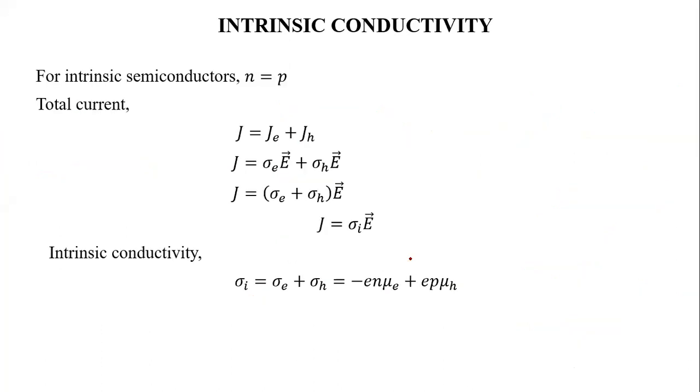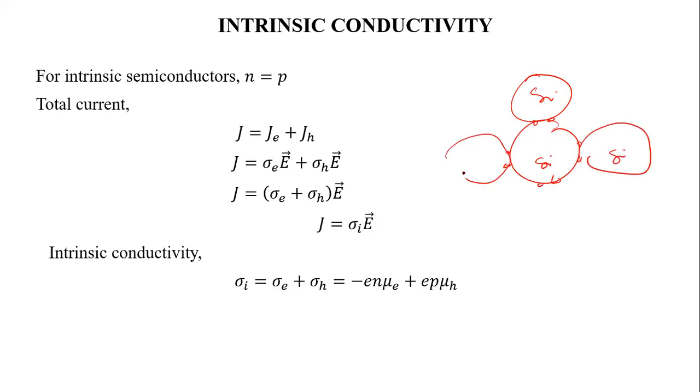Now, as I said before, in intrinsic semiconductors, electrons and holes are always formed in pairs. So in order to have, like in silicon here, all this covalent bonding formed with the neighboring silicon atoms, in order to have free electrons, one of these electrons will have to be dislodged by the thermal energy.